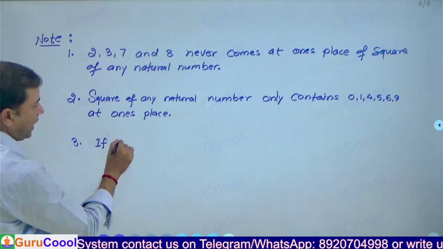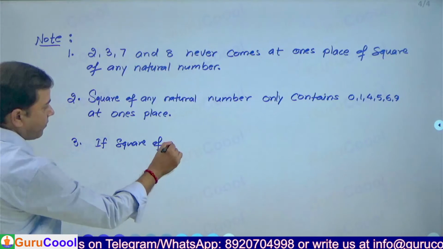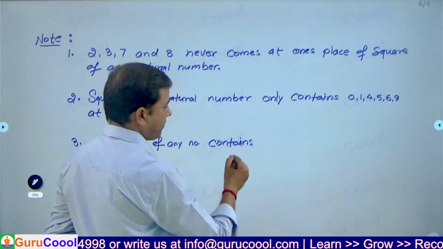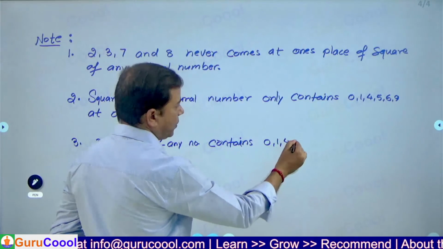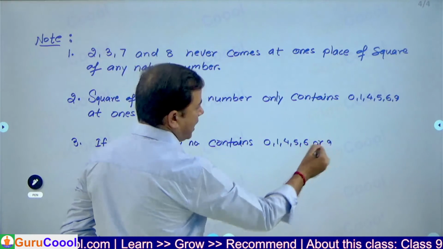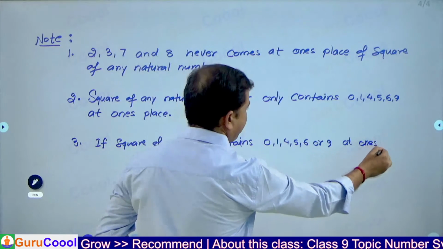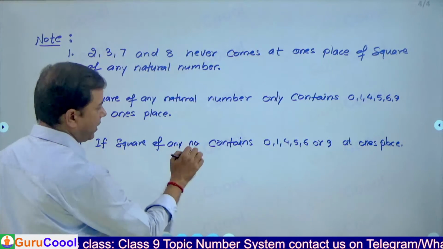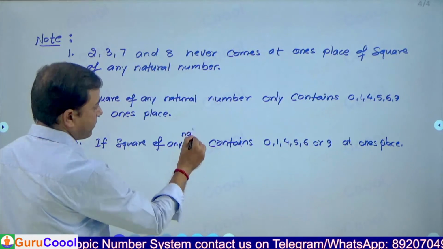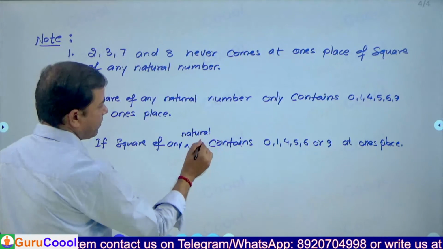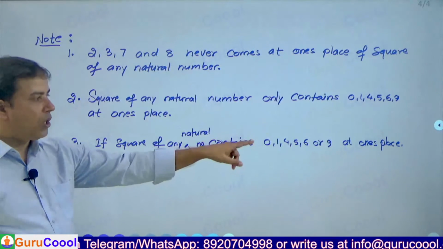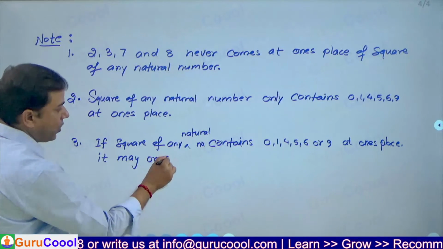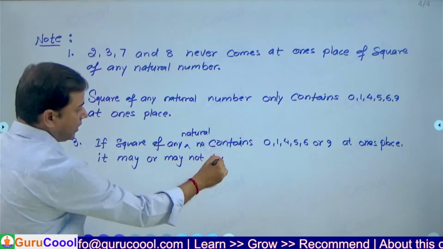If the square of any natural number contains 0, 1, 4, 5, 6 or 9 at one's place, it may or may not be a square number.